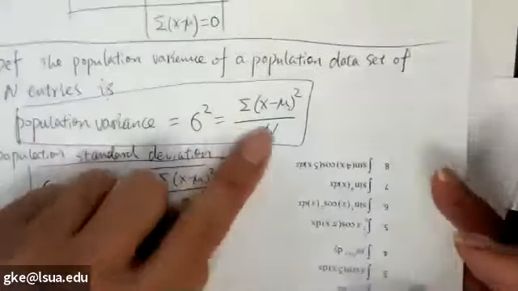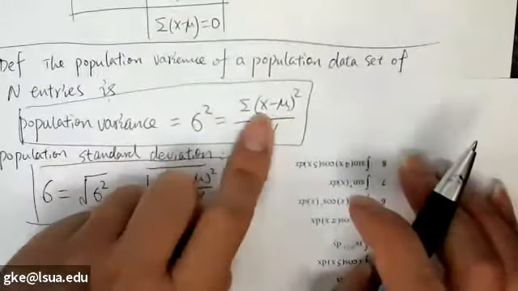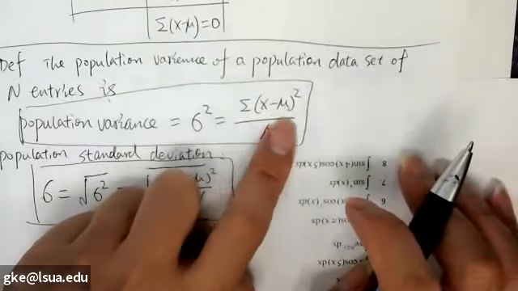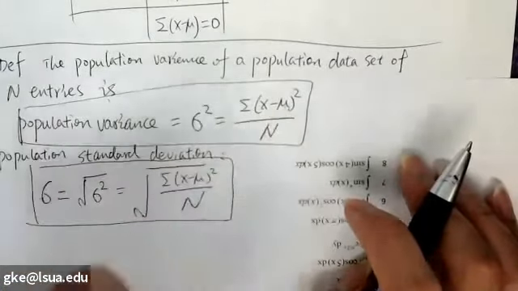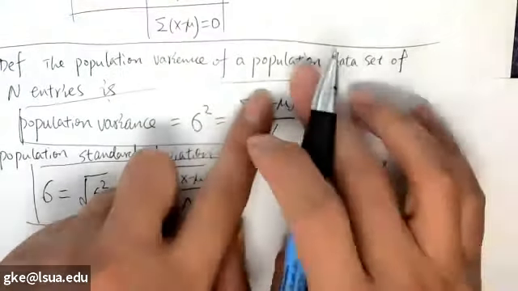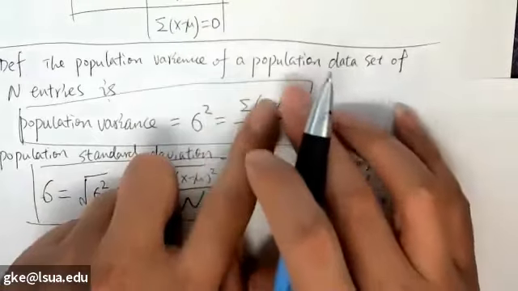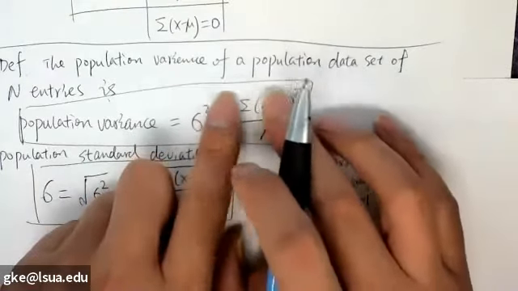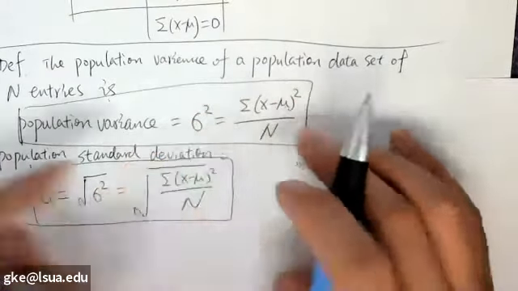So let's take a look. After we get mu, we need to do the subtraction, x minus mu. That is the deviation. And then we do the square, and after we do the square, we do the summation. So we need to use the table again.